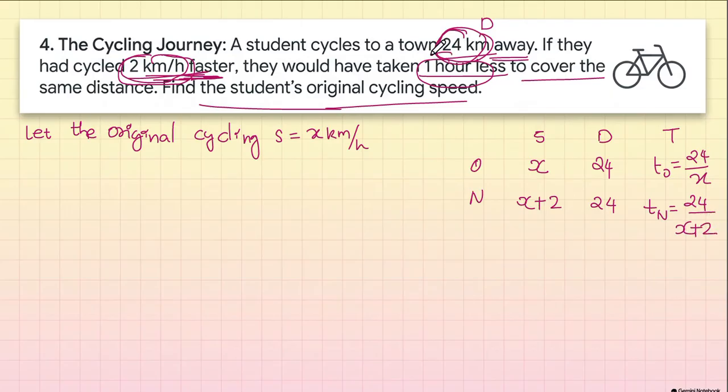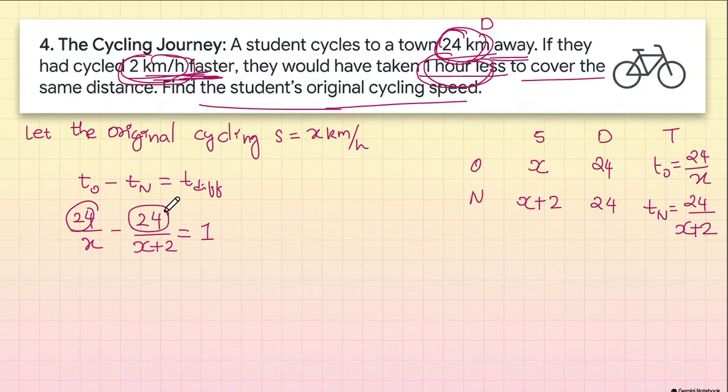The time difference is given as 1 hour. So time with the old speed minus time with the new speed is equal to the time difference. So 24 by x minus 24 upon x plus 2 is equal to 1. 24 is common, so taking 24 common, inside the bracket 1 by x minus 1 upon x plus 2 is equal to 1.